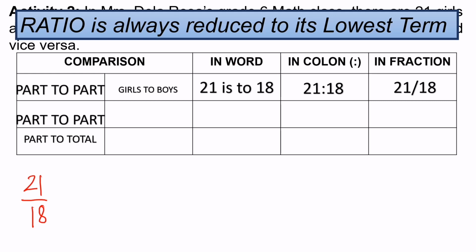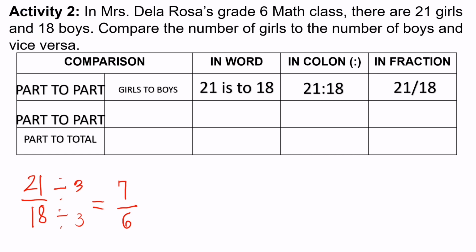So, i-divide natin ang ating numerator at denominator by 3. So, both numerator and denominator. 21 divided by 3 is 7. 18 divided by 3 is 6. So, the lowest term of 21/18 is 7/6.